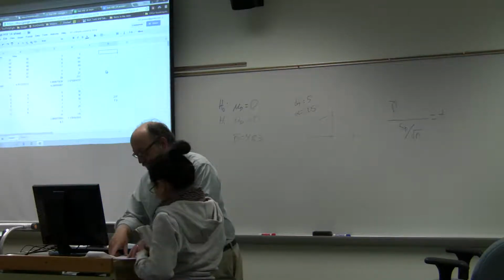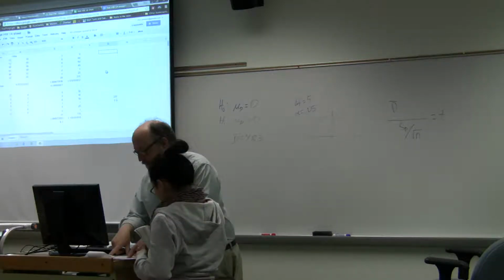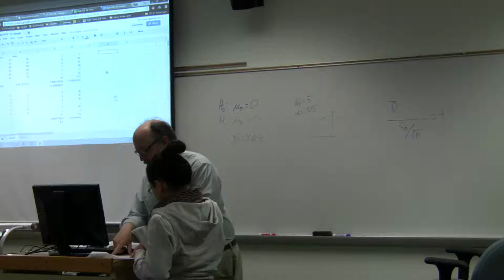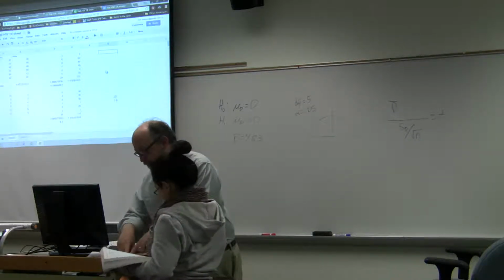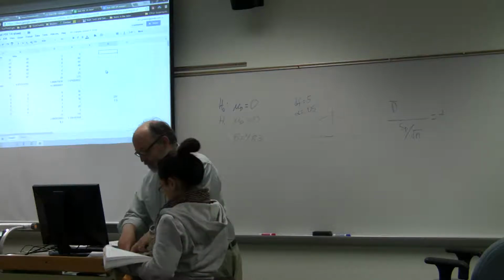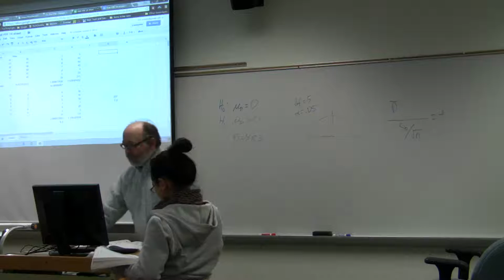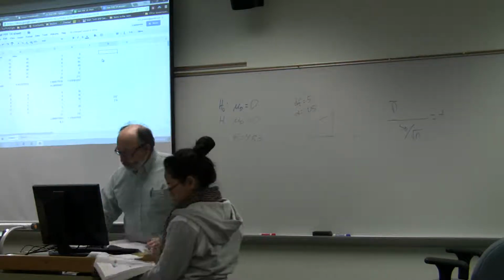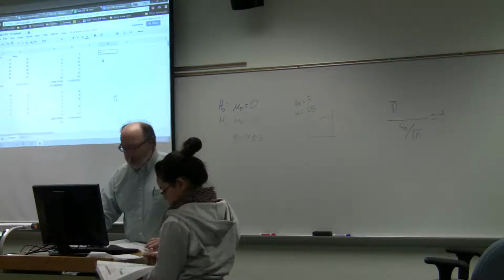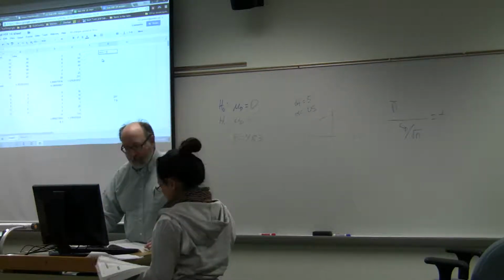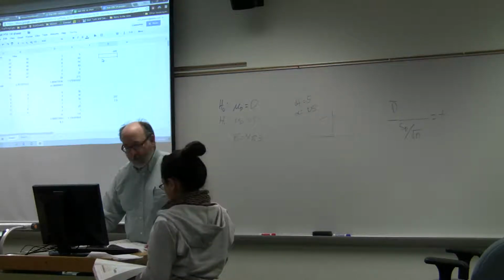This is 215 and that's 6, and that's 29 squared. Let me just multiply that out. 6 times 215, minus 29 squared, 849, 449.